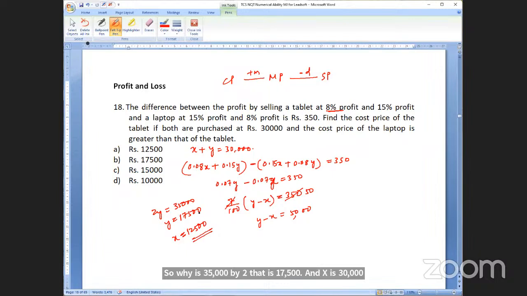So the smaller one, the lower one, 12,500, we have taken as tablet. Then the cost price of laptop is greater than that of tablet by how much? So the difference here would be 5,000.